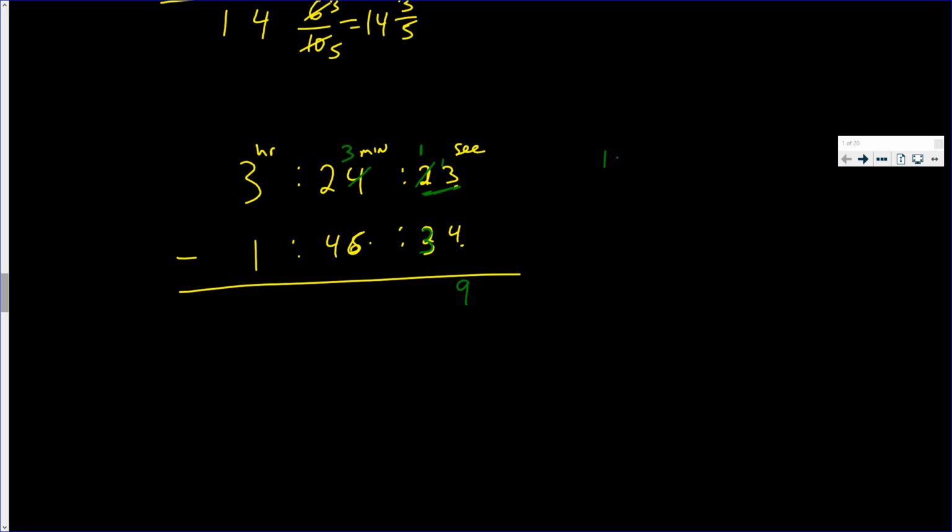The thing is 1 minute is equal to 60 seconds. So in the 10 seconds position, I'm going to add 6. So now I have 70 seconds, or 7 10 seconds. And I'm going to take away 3, and now I have 49 seconds.